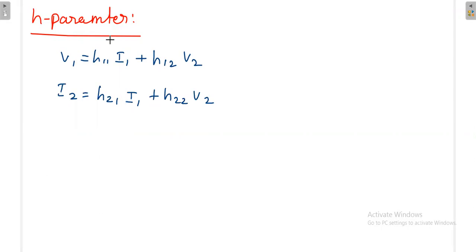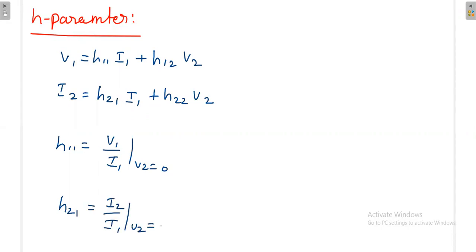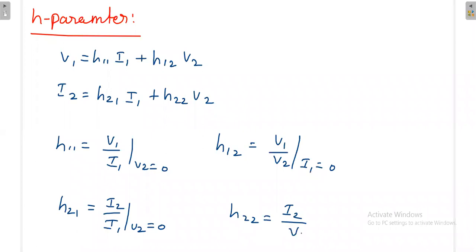So H11 is equal to V1 divided by I1 when V2 is equal to 0. Then H21 is equal to I2 divided by I1 when V2 is equal to 0. H12 is equal to V1 divided by V2 when I1 is equal to 0. H22 is equal to I2 divided by V2 when I1 is equal to 0.